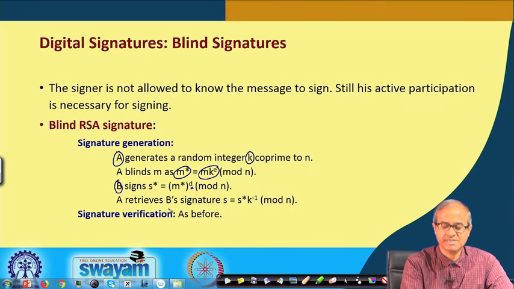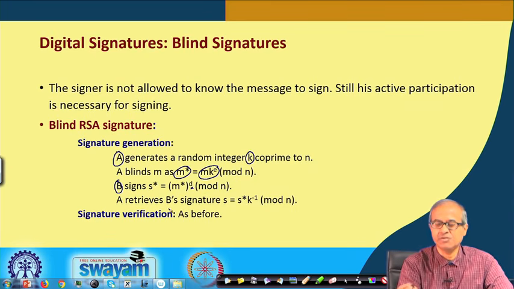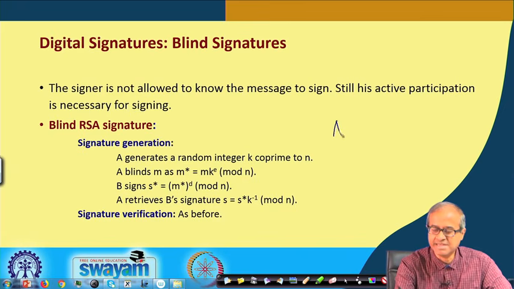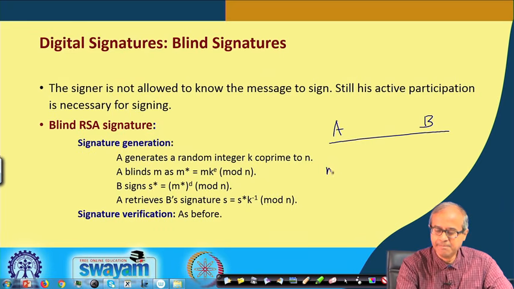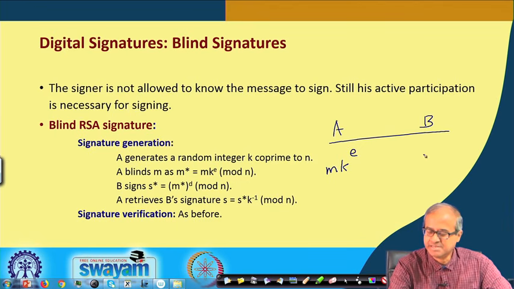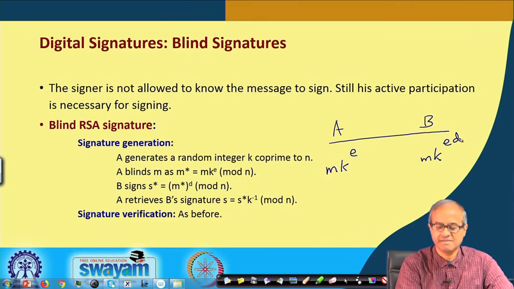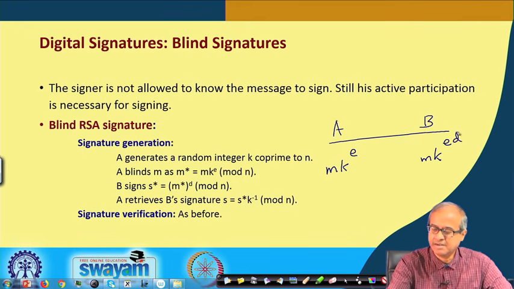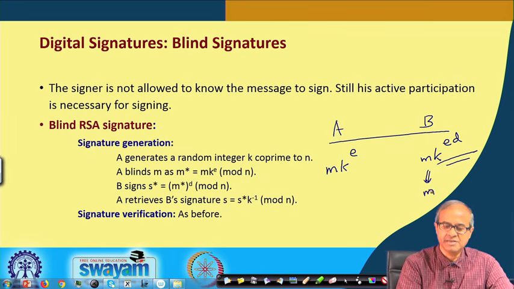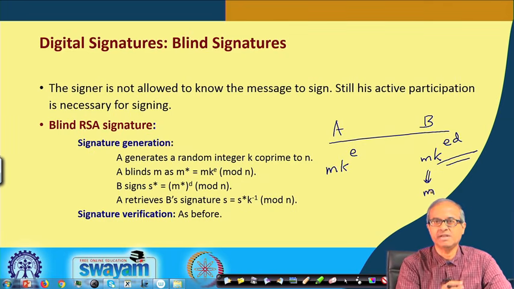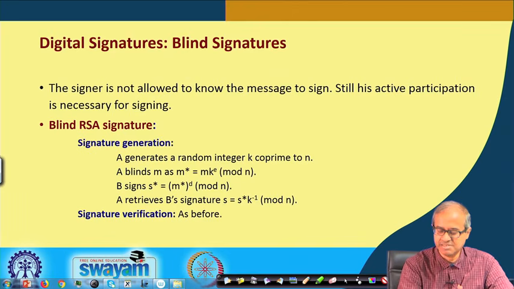You can also think in this way, that A does m k to the power e, and B does m k to the power e, whole to the power d, that means to the power e d. Now, e d equal to 1 mod n for RSA, as we mentioned. So, this will vanish and B can get back m, right. This method is not that widely used, but I have mentioned it because this is an alternate approach.